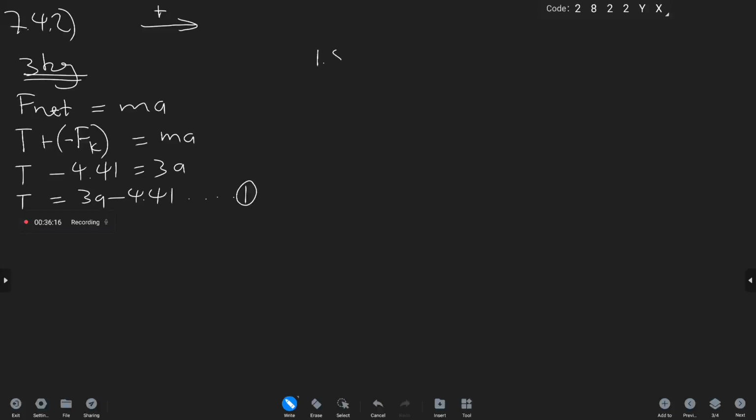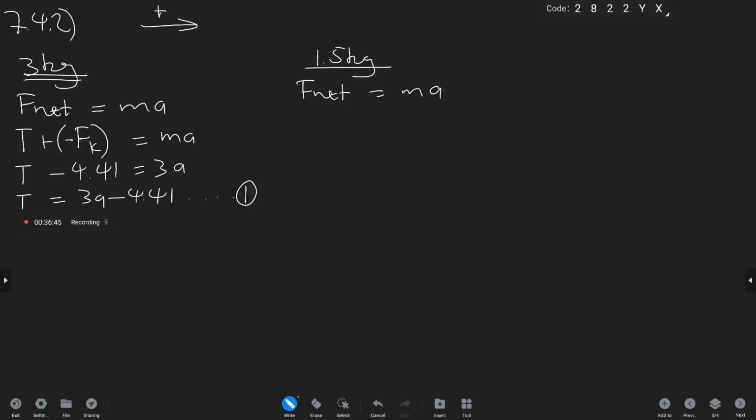Now we move on to the 1.5 kg block. Again, same story: F net is equal to ma. The mass of the block is 1.5, but we of course have to consider the vector sum of the forces acting on the 1.5 kg block.